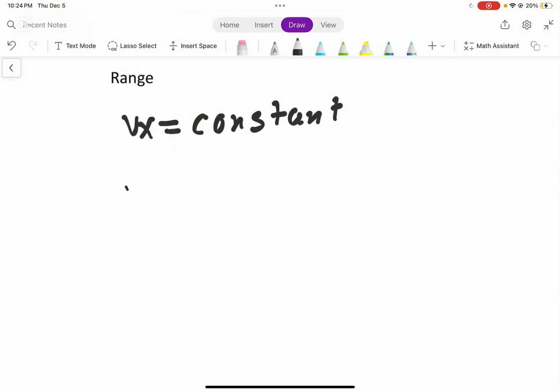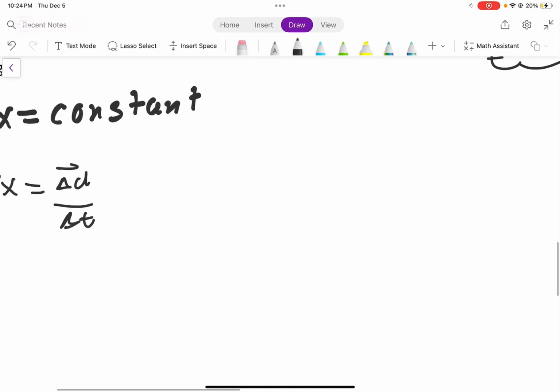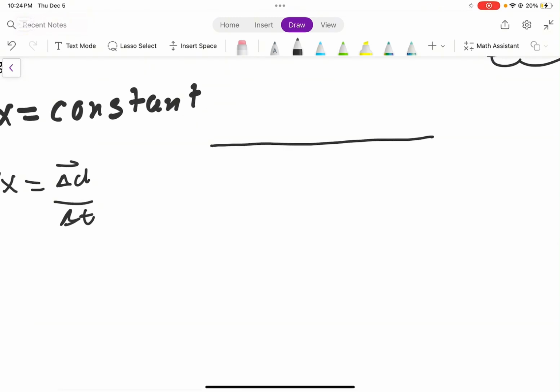Well, if you remember our equation for velocity, velocity is equal to delta d over delta t. When we're looking for range, if we have a soccer field like this, and this is one part and then all the way to the end here is the range, this is technically a distance or a displacement, right?